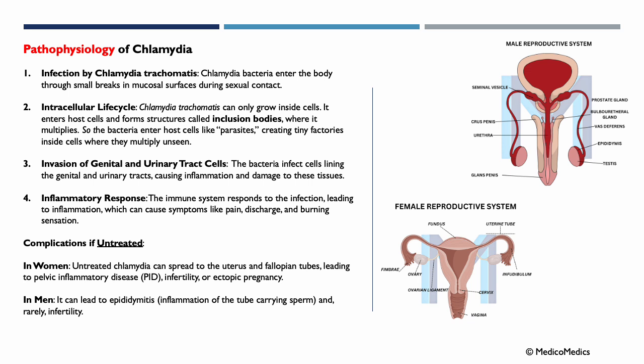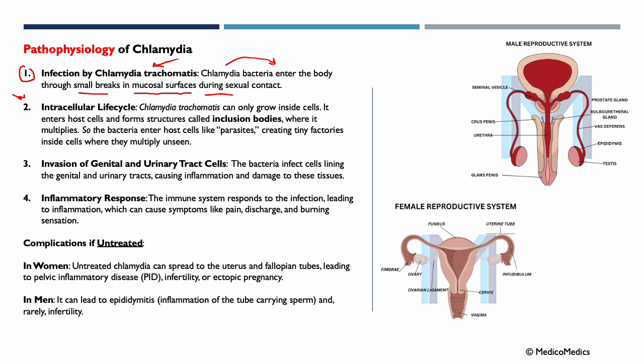Now then, let us proceed to the pathophysiology of chlamydia. It all begins with the infection by the causative agent Chlamydia trachomatis. The bacteria enter the body through small breaks in mucosal surfaces during sexual contact. Then we have the intracellular life cycle.